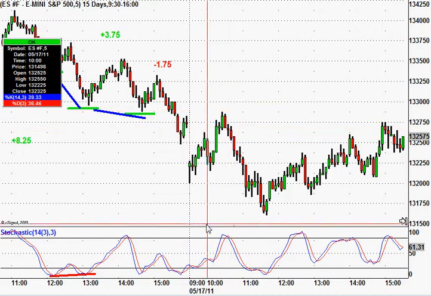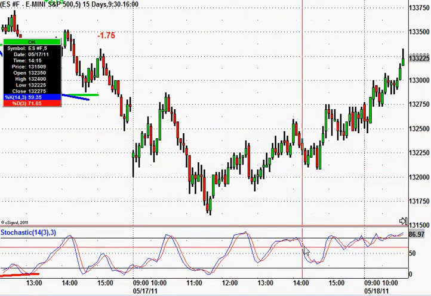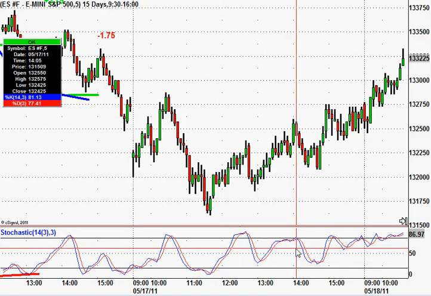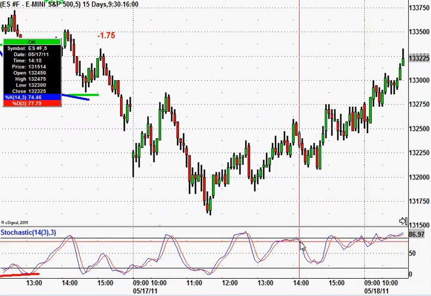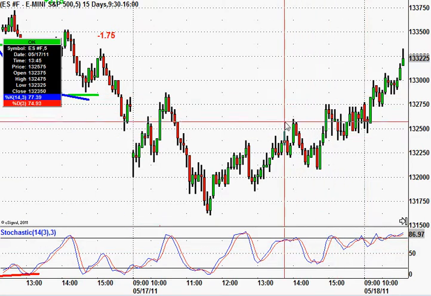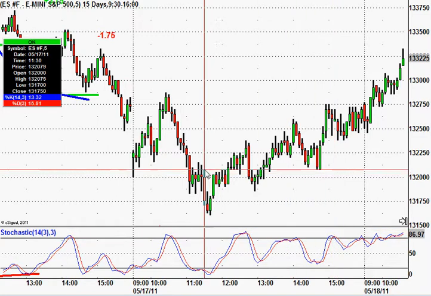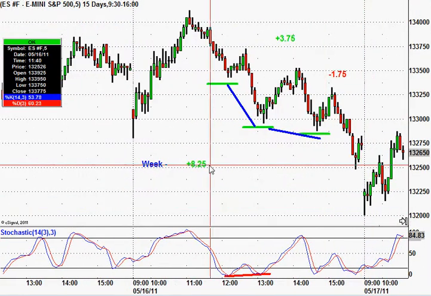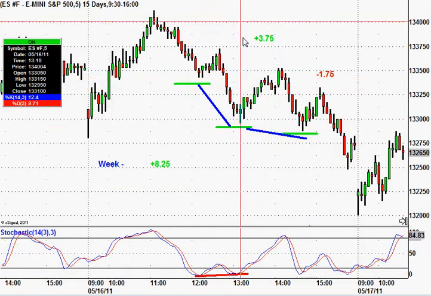Here, no divergence either. Here there's a divergence, however this doesn't reach the overbought position in the red stochastic, so I'm not even counting this one. Okay, and here it's already higher than this one, so this high and the stochastic is higher, so no divergence here.